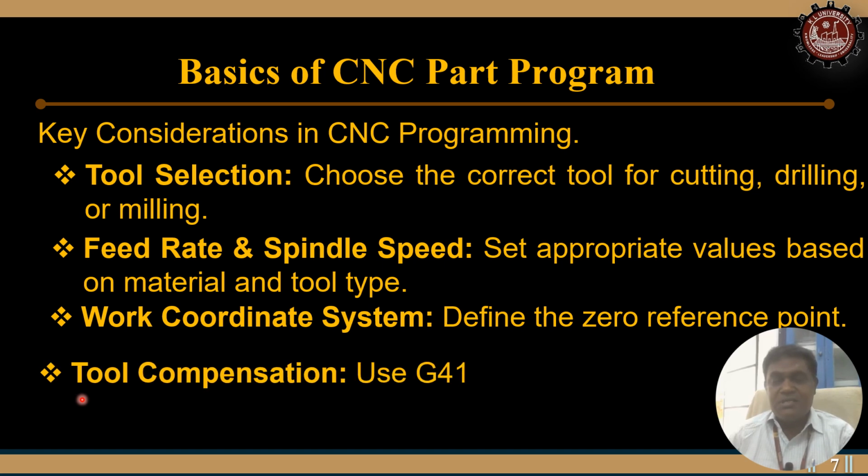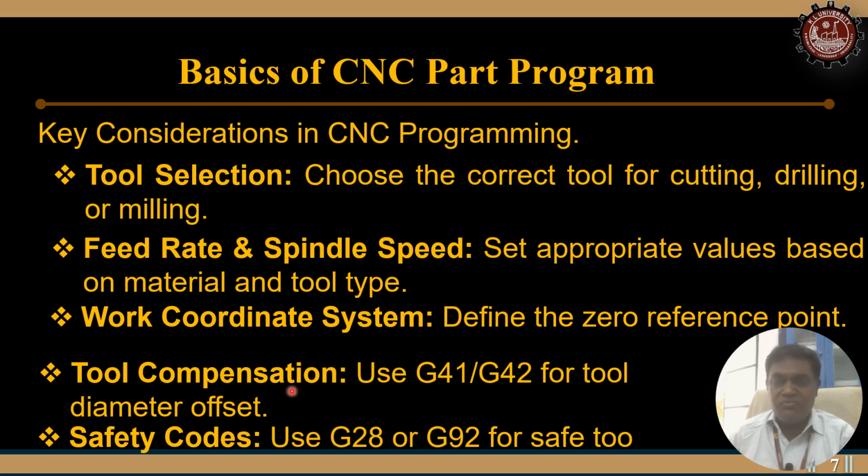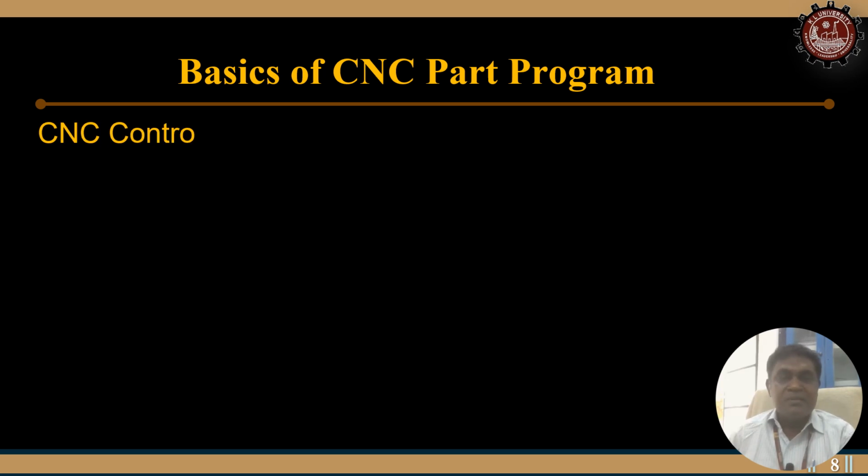And tool compensations: generally we use G41 and G42 for the tool diameter offset, and for tool compensation cancel we use G40. The safety codes use G28 or G92 for safe tool movement. G28 is used for sending the tool to the reference point or home position.